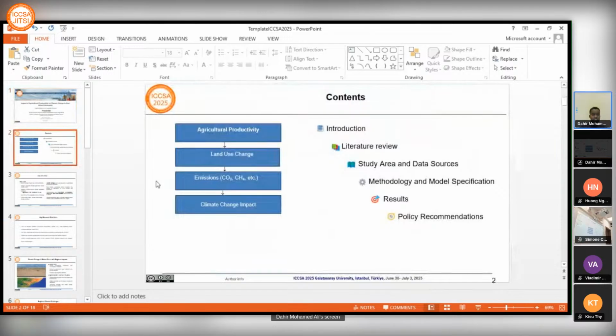So our research explores how agricultural productivity in East Africa affected climate change, aimed to inform sustainability policy in this critical region.